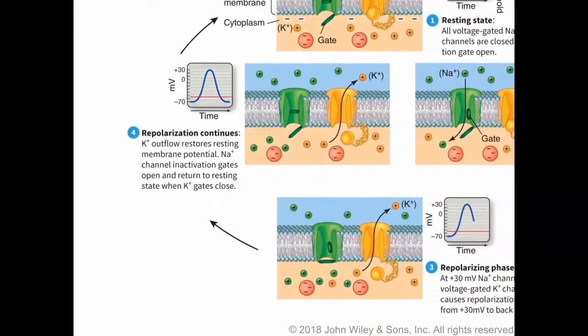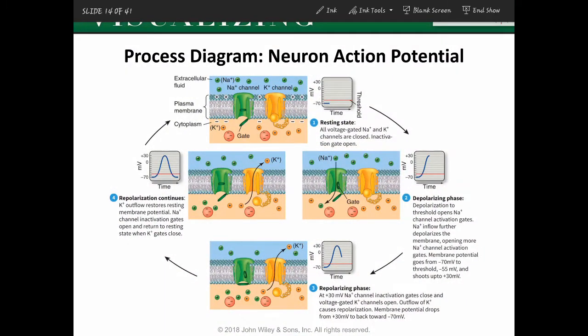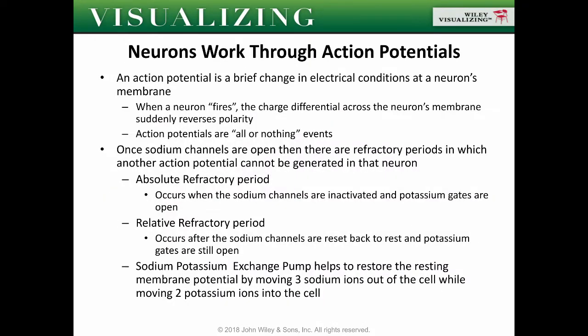And then after that, you have a continuous repolarization until you reach back to the resting state. So potassium outflow restores the resting membrane potential. And then afterwards, the potassium channels will close. And you now return to the resting state, but the ions are switched. And that is where the sodium-potassium pump comes in.